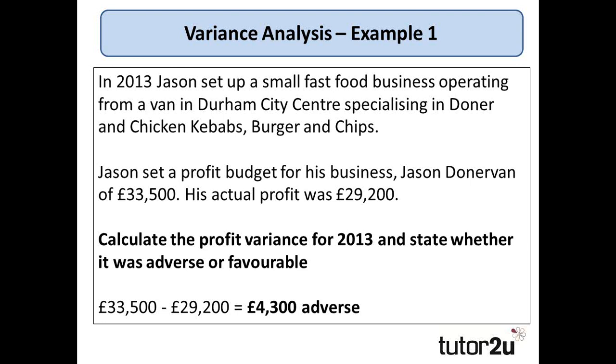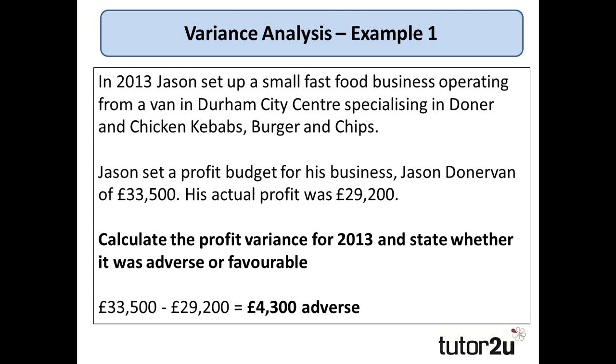The question says, calculate the profit variance for 2013, and state whether it was adverse or favourable. If you forget to write adverse or favourable, or A or F will suffice, then potentially you can drop a mark. So always answer the question. We've calculated the variance which was asked for, and we've stated whether it was adverse or favourable.